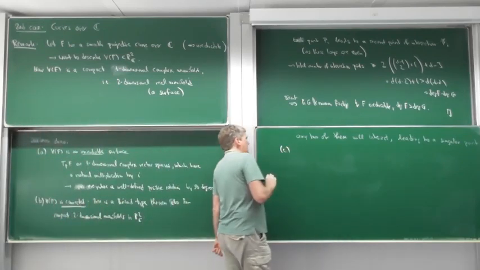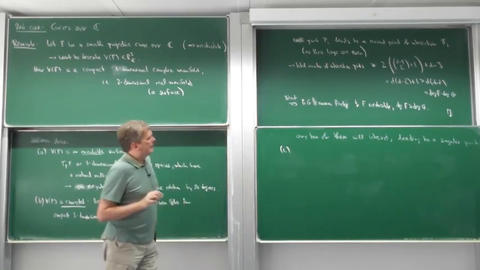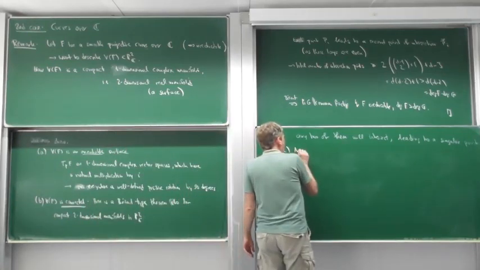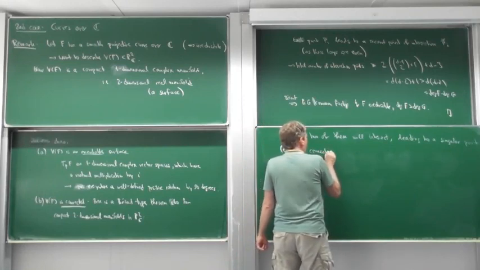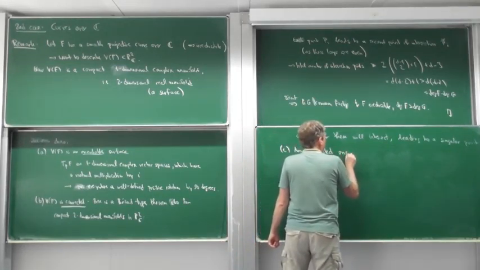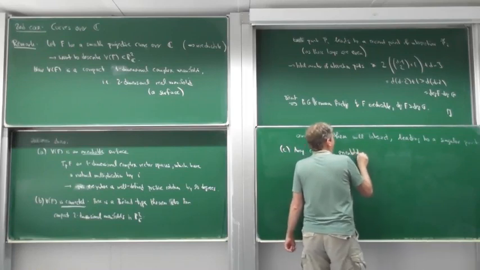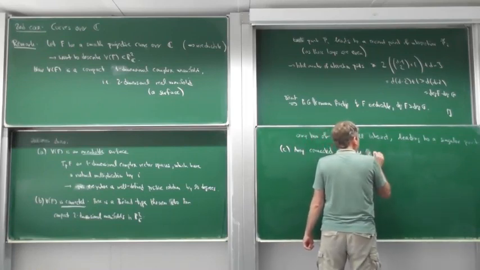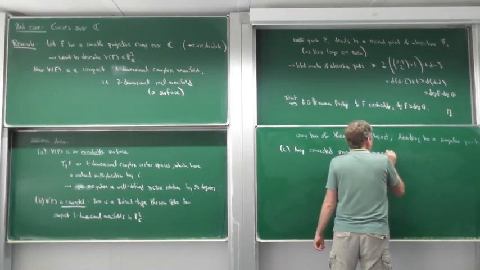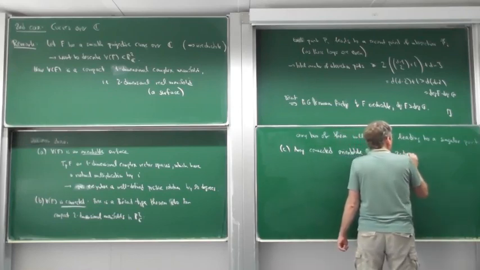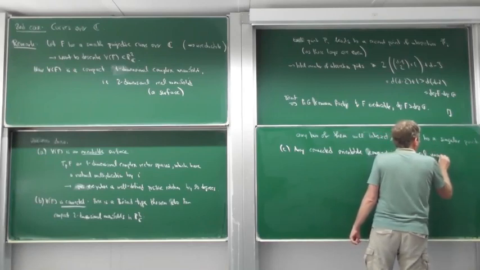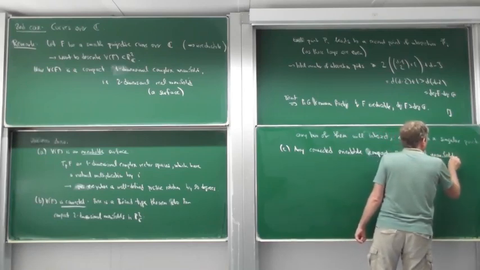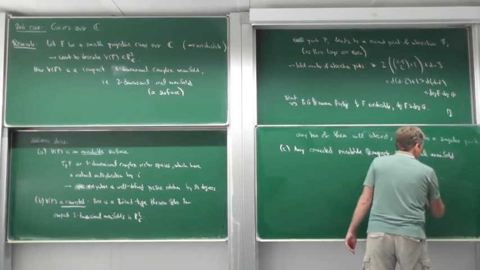There's actually in topology a classification for that. Namely, any connected and orientable compact two-dimensional manifold must essentially look like this.